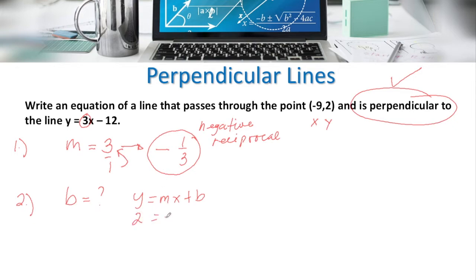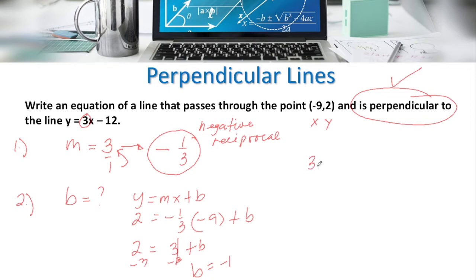The slope is negative 1/3. And x is negative 9 plus b. And then, this is 2, negative 1/3 times negative 9. Then, subtract 3 on both sides. Cross this out. Then b is equal to negative 1.